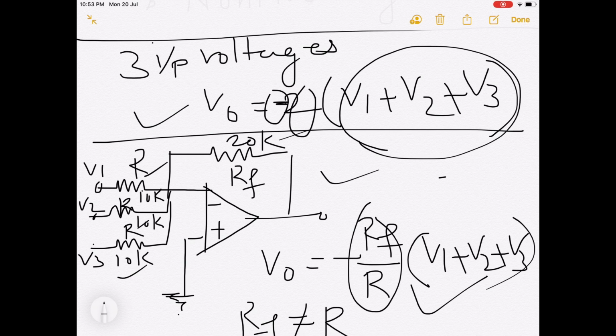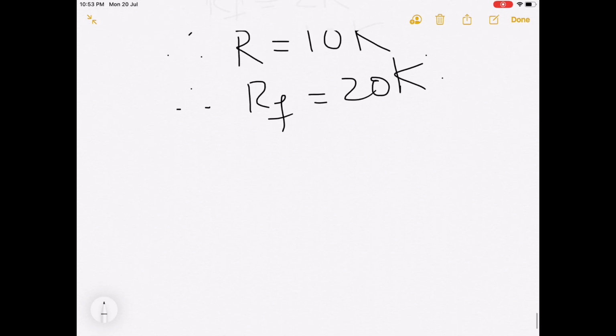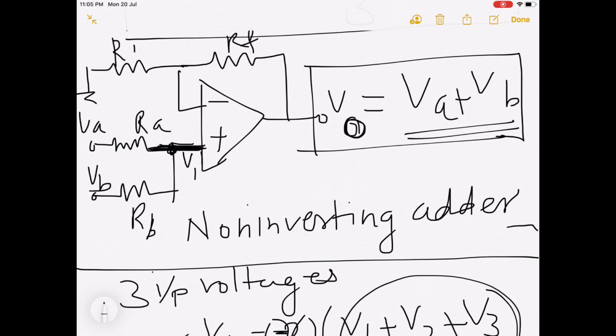Okay, so in this way we can calculate the output of the adder, inverting adder, non-inverting adder, and also we can design these circuits from given data. That's all. Yes, the next point I want to tell you is this. Here in the non-inverting adder, VO is equal to VA plus VB, but what about the gain of this circuit?